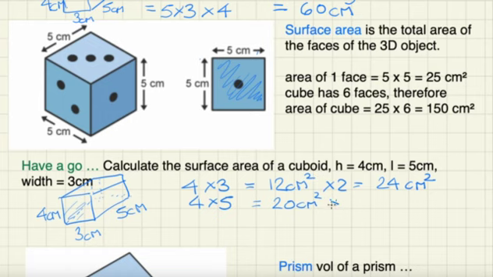So let's multiply that by 2. And you have 40 centimeters squared. And then lastly, we're doing the top and the bottom. And so this is 3 times 5. So that is 3, that's 5. 3 5s are 15. And we have 2 of those.